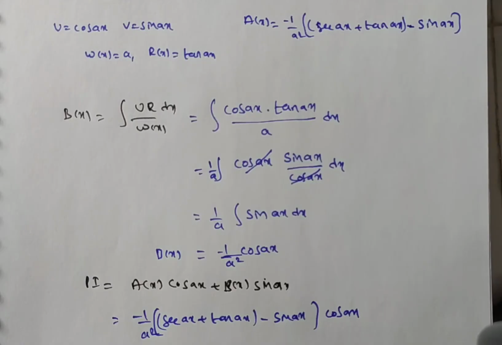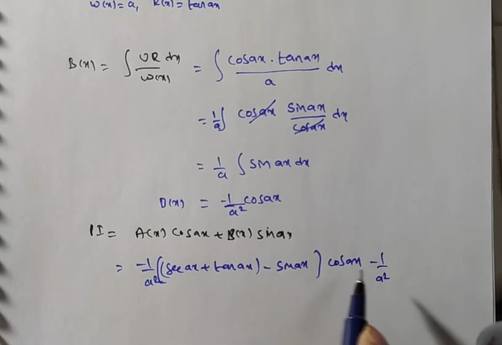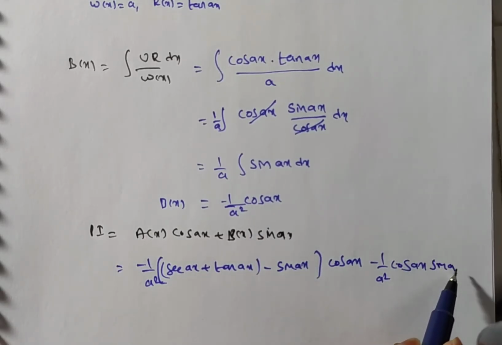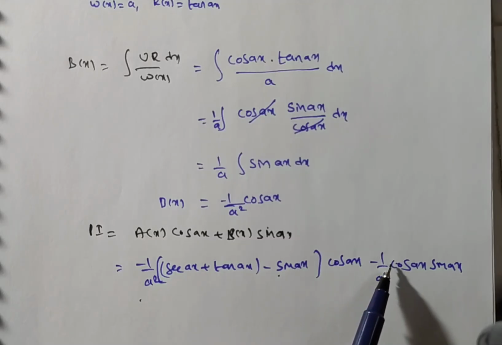Okay, next plus b of x into sin ax, so minus 1 by a square into cos ax, I have cos ax into sin ax. Now you observe here you have a minus into minus, plus sin ax cos ax by a square. Here you have minus cos ax sin ax by a square.